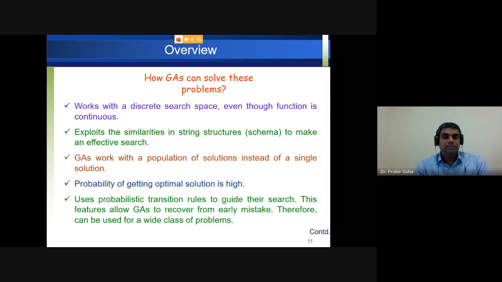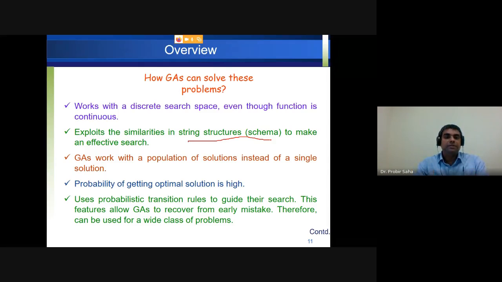Now, there are also string structures, which sometimes we call schema. One schema means one pattern of chromosome or genotype representation, which is very common in genetic algorithms. Particularly in binary coded genetic algorithms, the schema is moved.